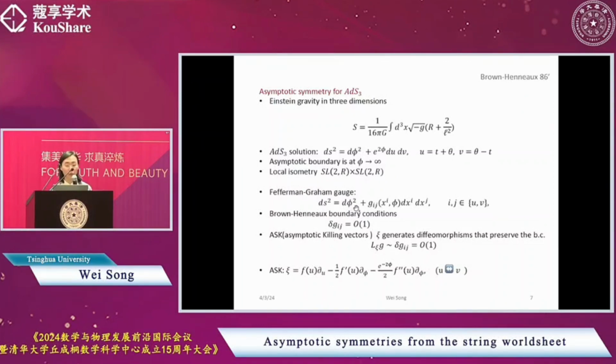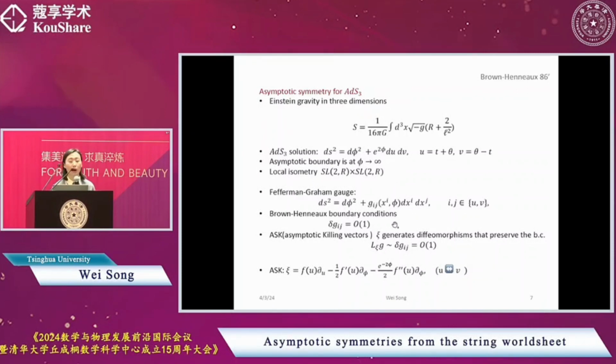So phi, the radial coordinate, is here, and for all the other directions we can expand the metric components in terms of powers of e to the minus 2 phi, and then when phi goes to infinity, it will require this class of solutions to be the same as the AdS solution that is explicit right here.